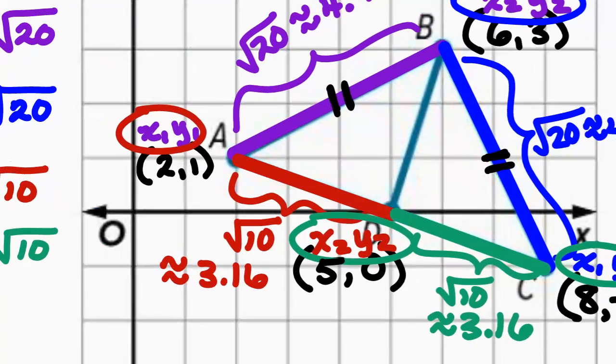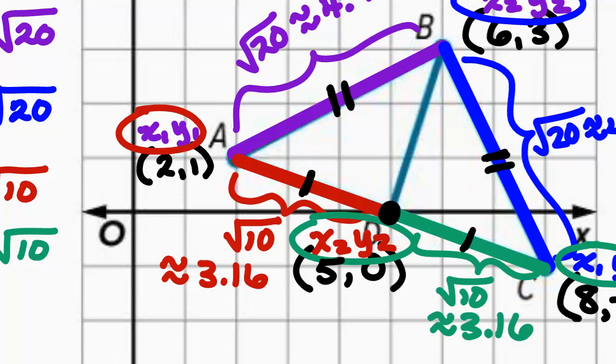Something else I know about point D right here. If from A to D is 3.16 and from D to C is 3.16, what would we call this point D right here? On either side of it, it's the same length.